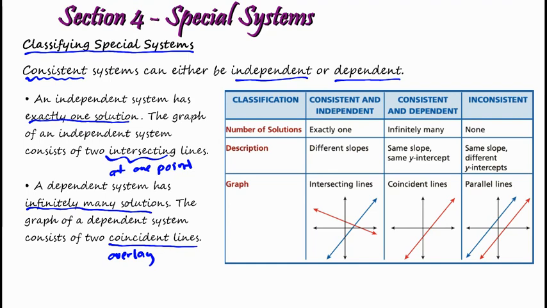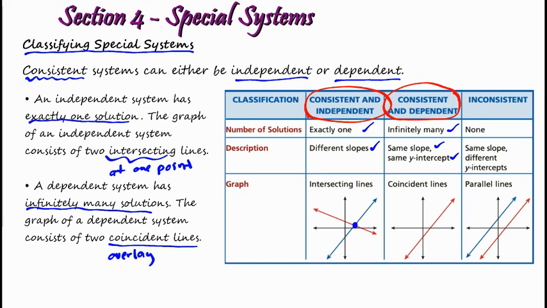So here we have our table. The number of solutions, exactly 1: we have two lines with different slopes, and they intersect at exactly 1 point, and we call this consistent and independent. If we have infinite solutions, the lines have the same slope and the same y-intercept, then we say this is consistent and dependent because it is the same equation expressed differently.